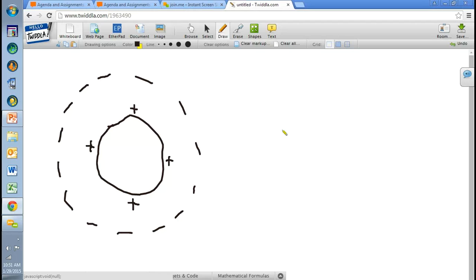Okay, so we know that Gauss's law says we have to do the sum of E dot dA. If I look at my Gaussian surface, there are going to be E field lines coming out of this.